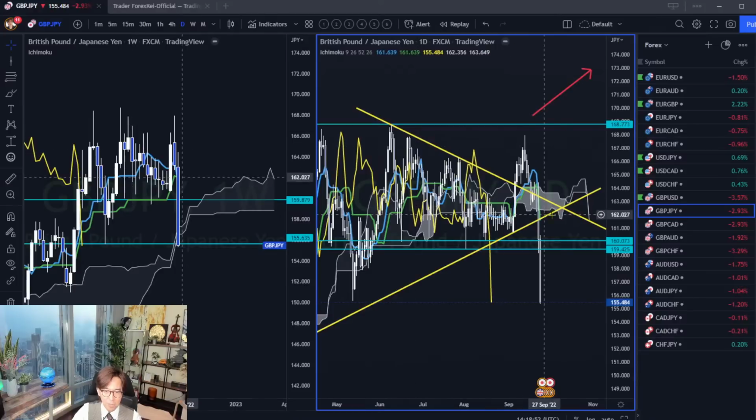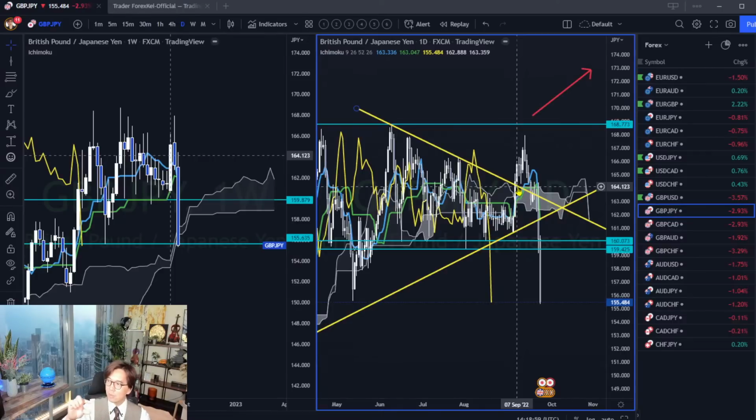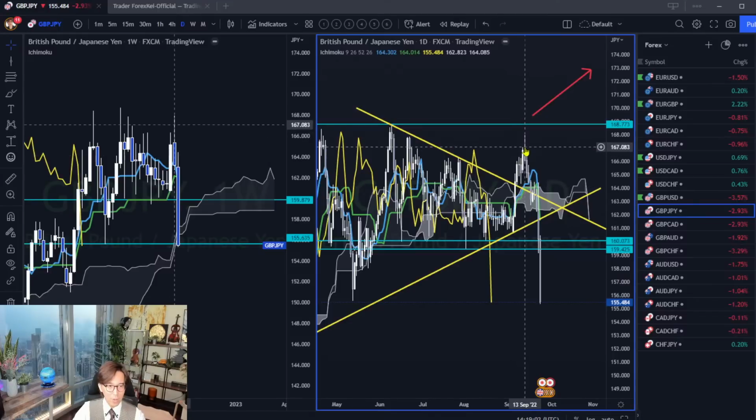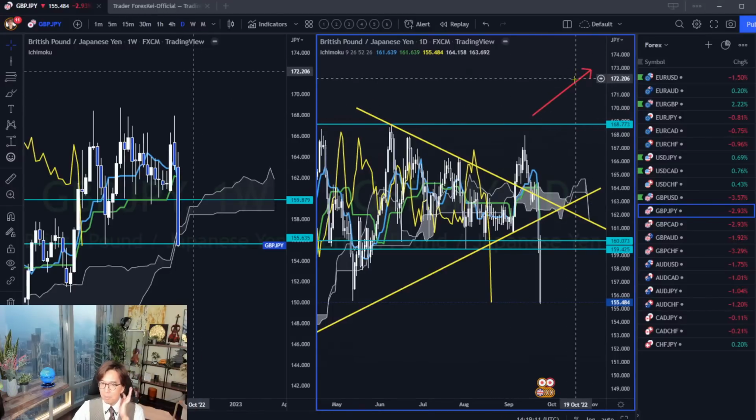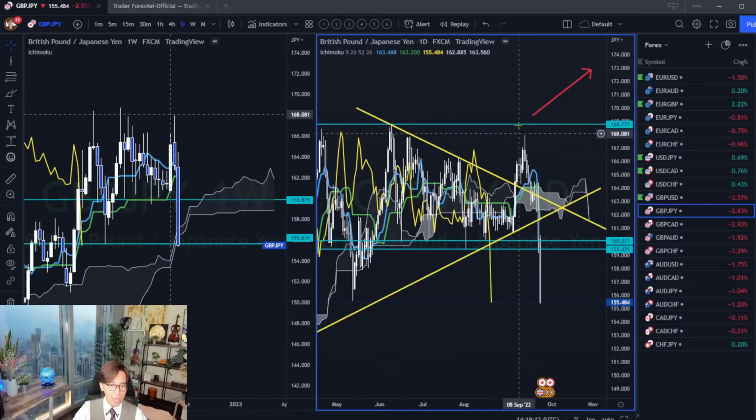I'm talking about this P wave here on the daily, and exactly on the 7th September, the P wave broke bullish. So I was waiting for the break of the resistance, which is 168.77, to buy.